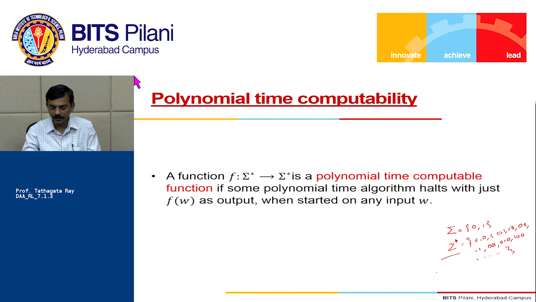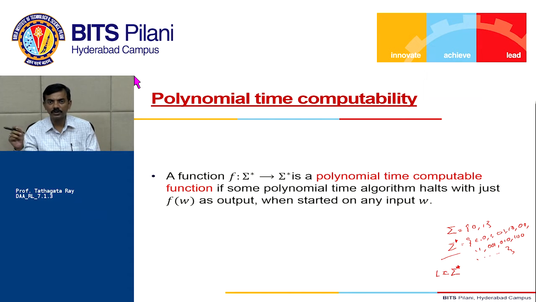Any language L, remember any decision problem we said that you can relate to a language L, is nothing but a subset of sigma star. Because for any problem, take all of its instances which are yes instances of the decision problem and look at the encoding of them.